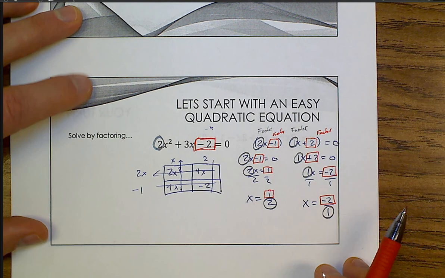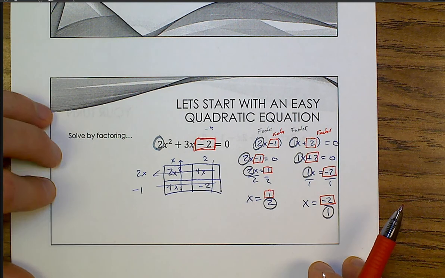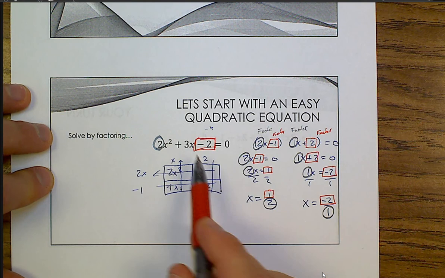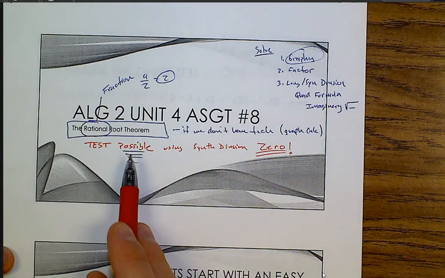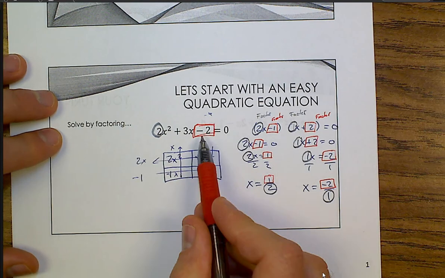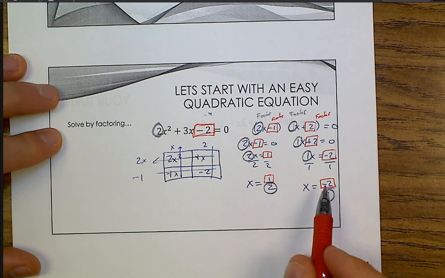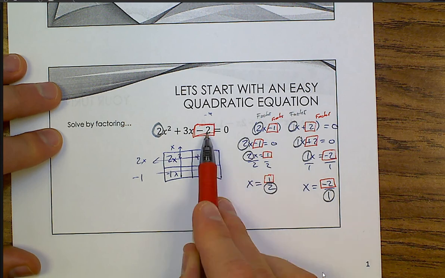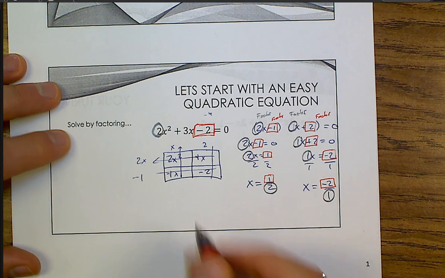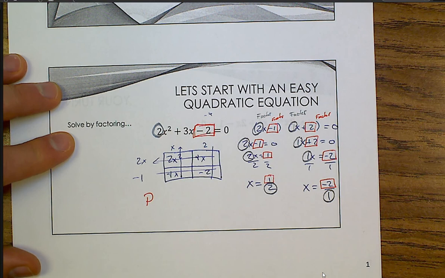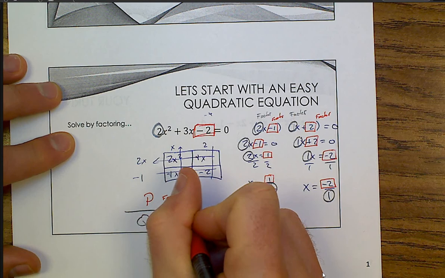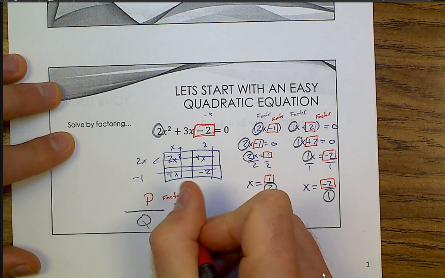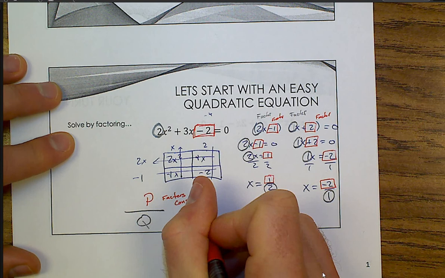Okay? And so what mathematicians discovered was they could figure out possible zeros by taking all the factors of, if you notice, the last term's factors are on the top. We usually write it in textbooks as P over Q. So this P represents factors of your constant term.